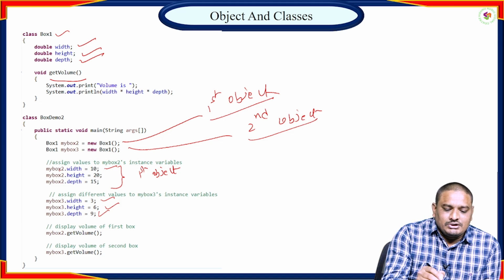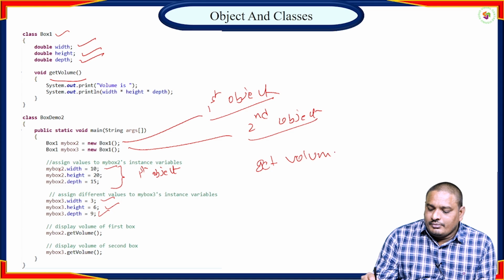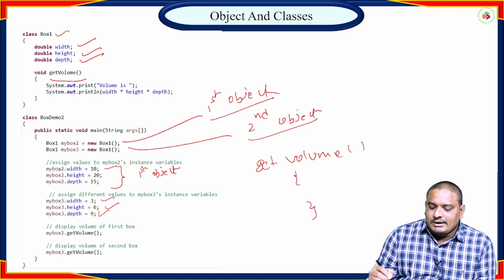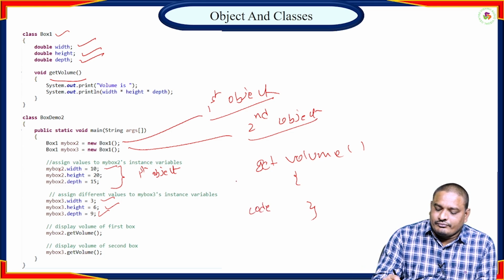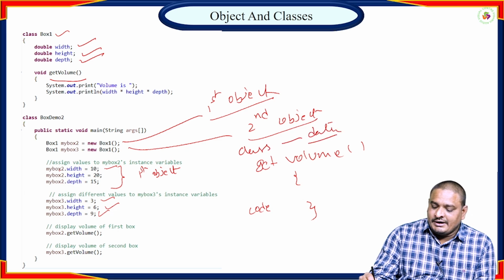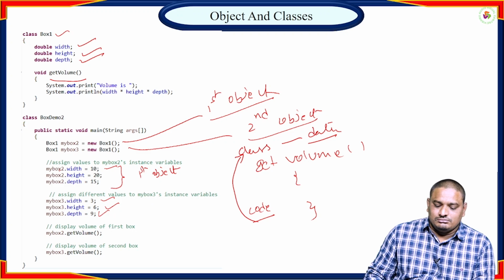So here we are using the getVolume method. Already I showed in the previous definition that the class consists of some code and some data. This data and this code are both part of the instance of the class.